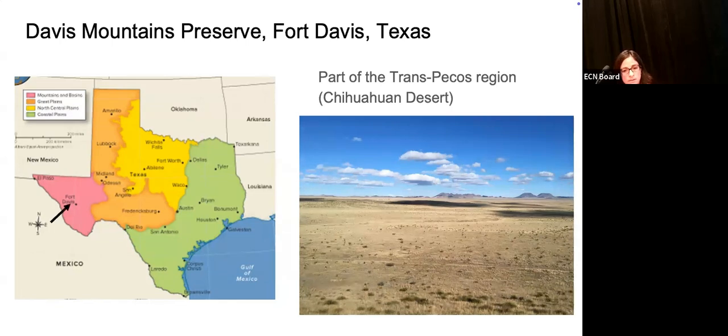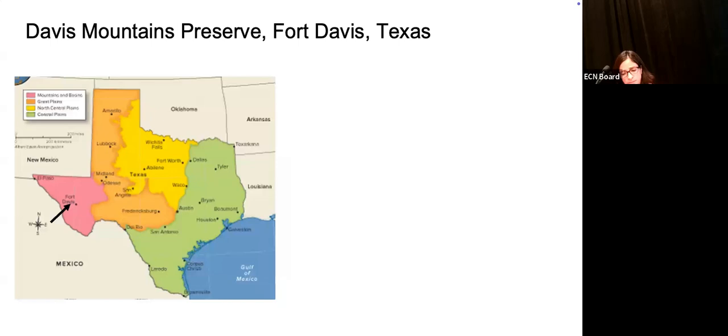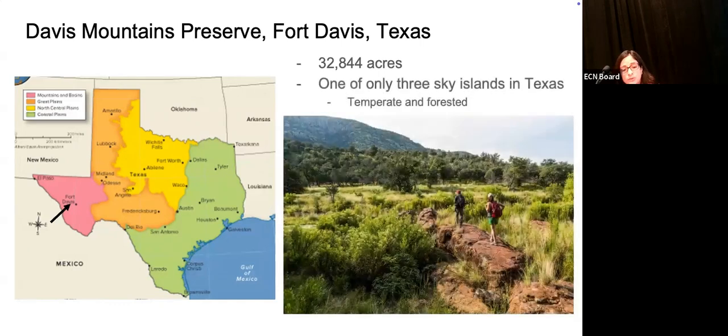So near Fort Davis is the Davis Mountains Preserve, which is about 32,000 acres. And it's one of the few sky islands in Texas, which is a region that is temperate and forested in comparison with the main landscape, which is the Chihuahuan Desert.